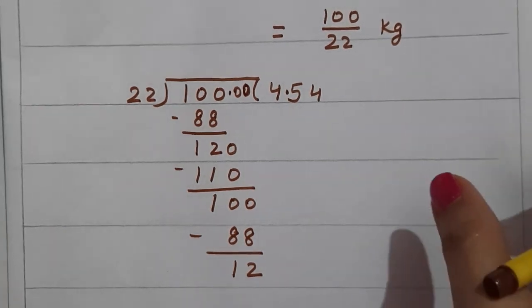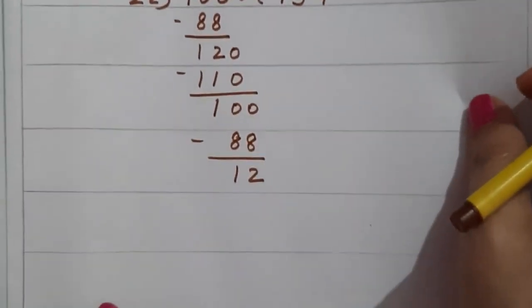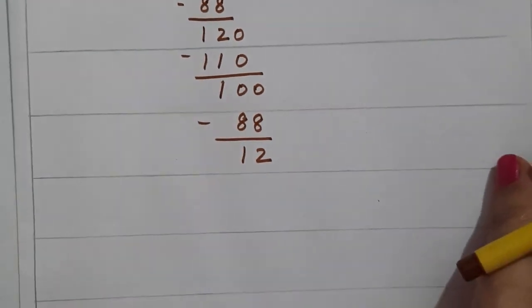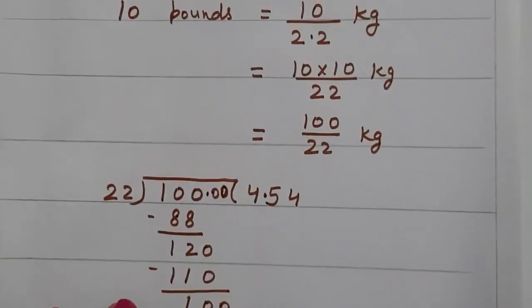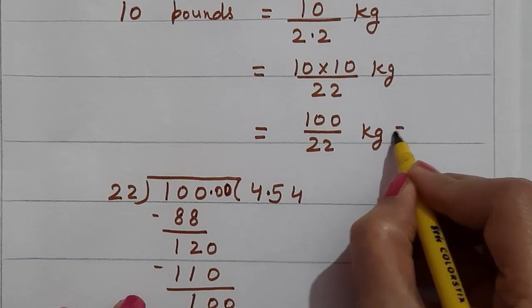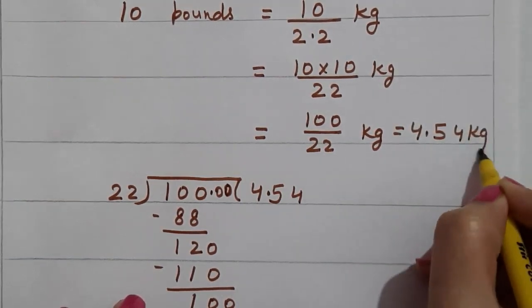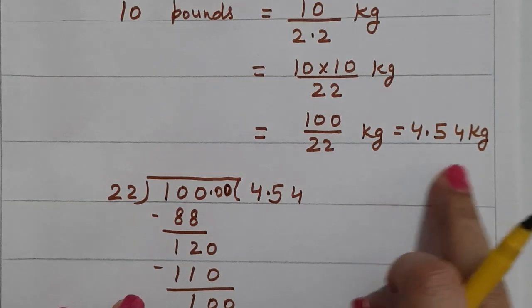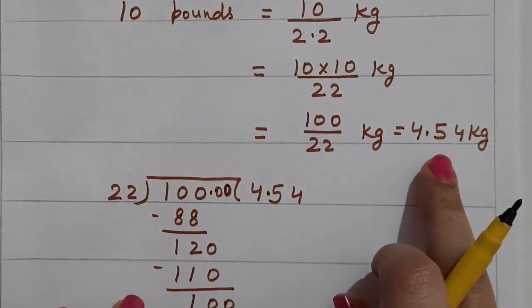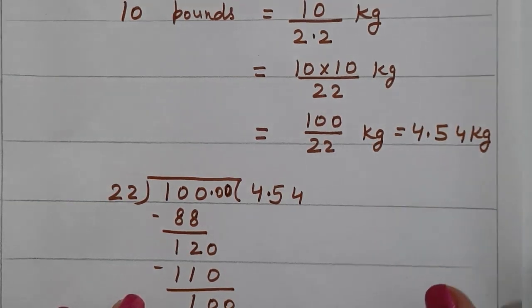Calculate up to 2 places of decimal, then you can leave. Okay. Now we have got 10 pounds means 4.54 kilogram. This much weight is lost by Seema.